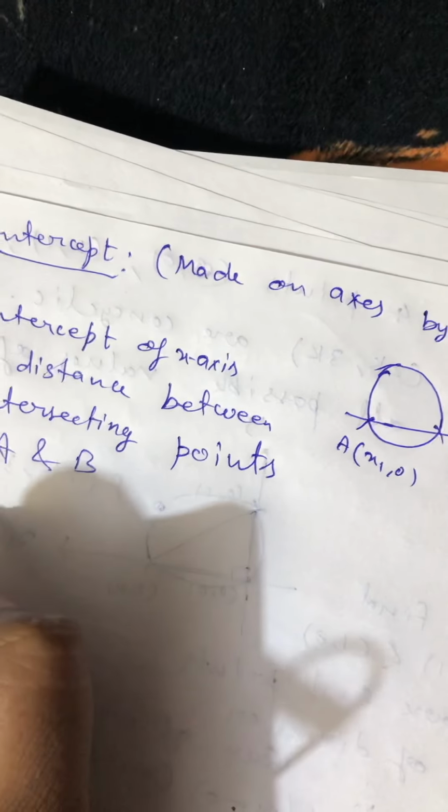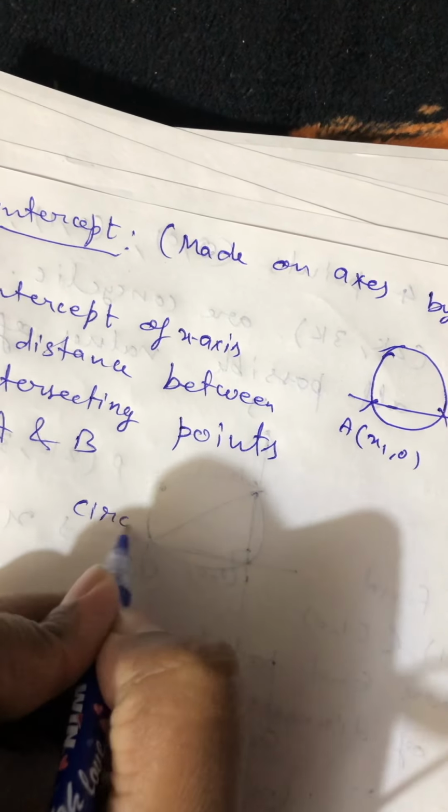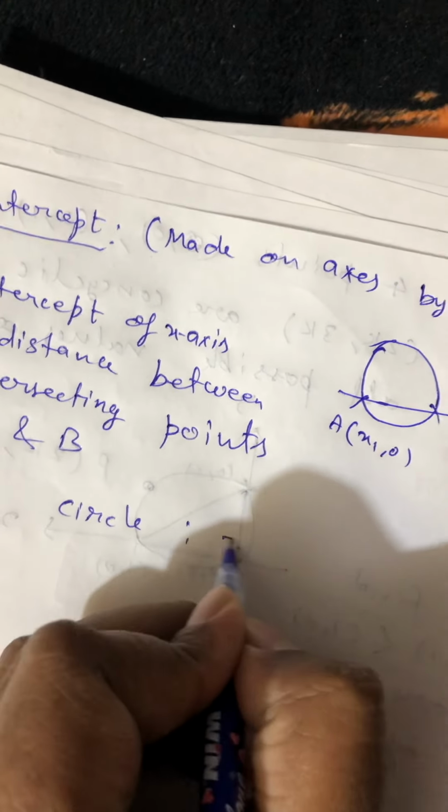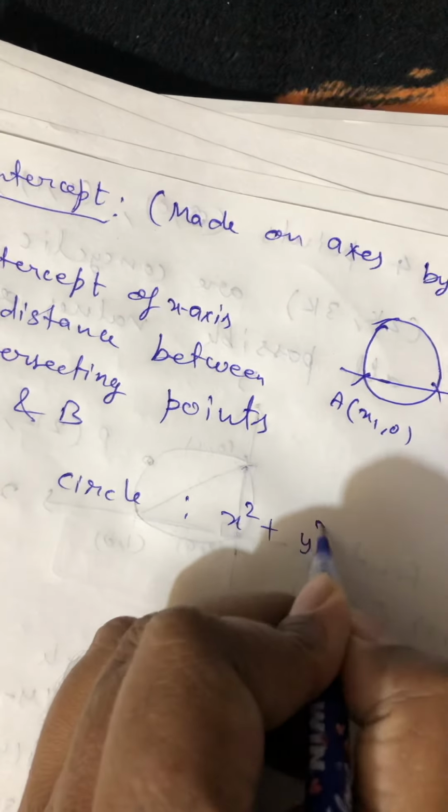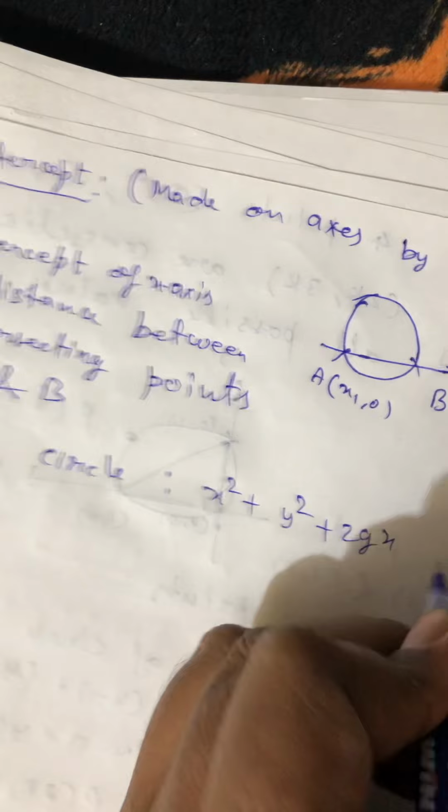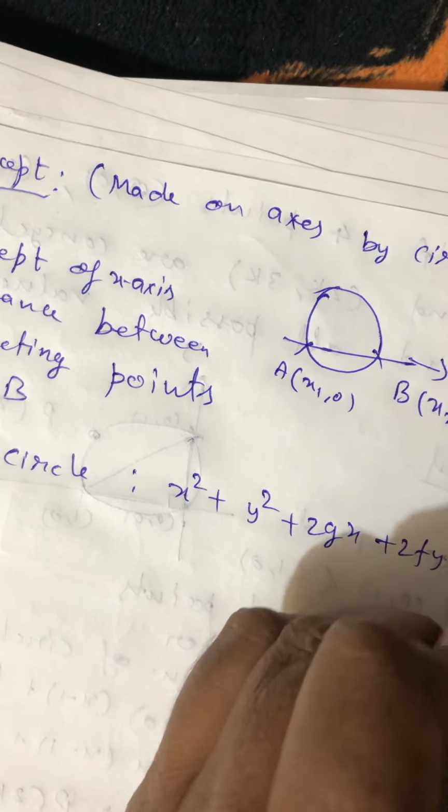So let the circle be x squared plus y squared plus 2gx plus 2fy plus c is equal to 0.